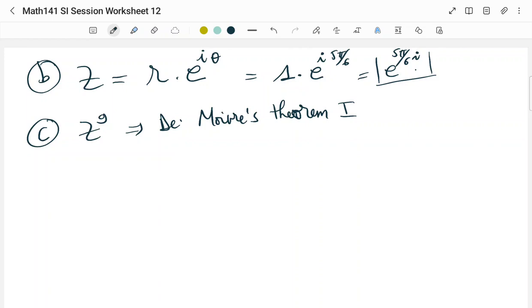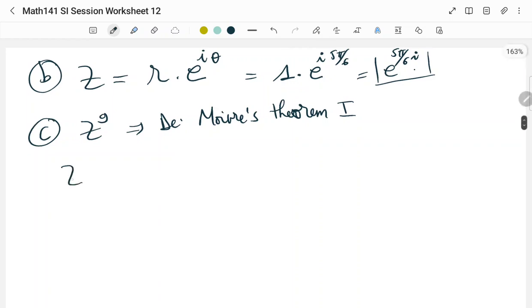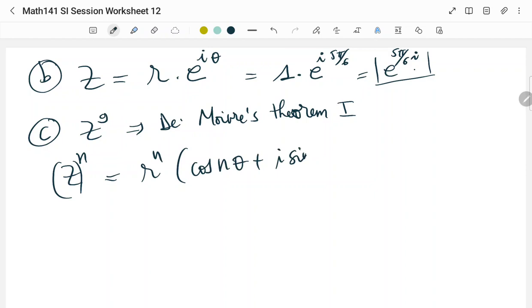And the rule just tells you that if you have it written in polar form already, z to the n will be just r to the n multiplied into cos of n theta plus i sine of n theta. That's just the rule.